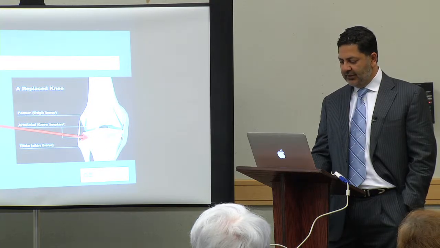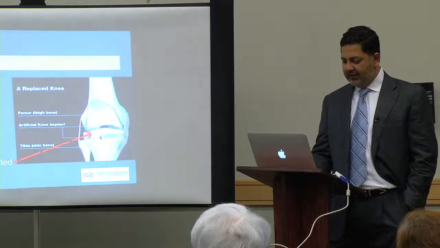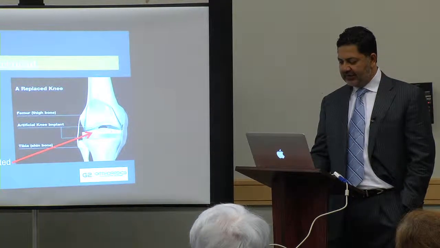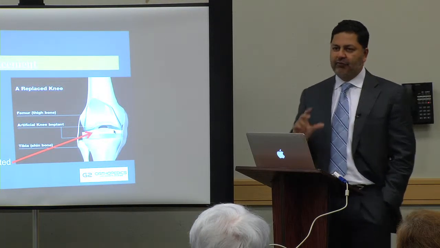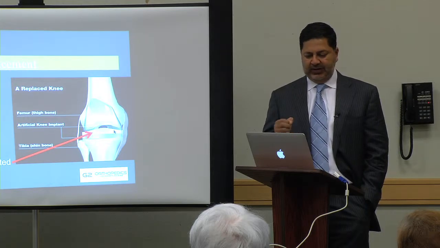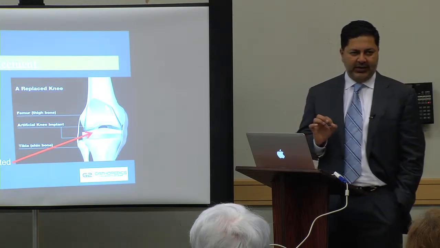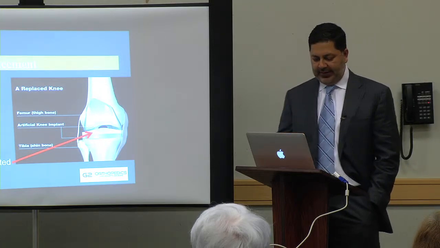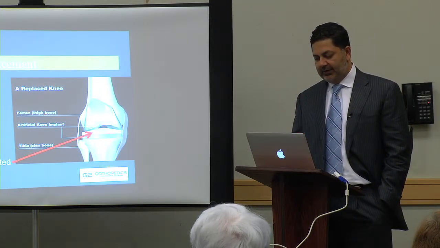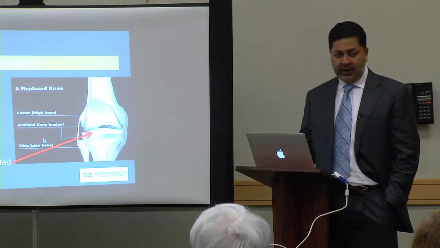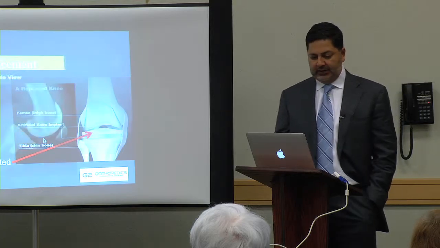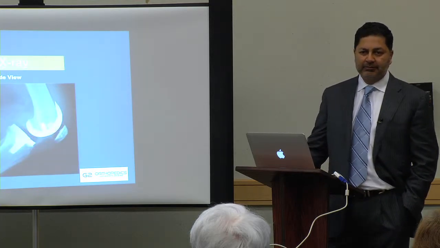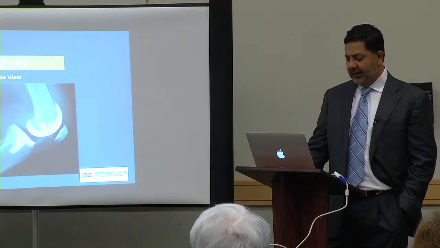We put this piece in here, and then in between you have this plastic liner that replicates the meniscus. It's a very high strength plastic, but it glides very smoothly, and it's very frictionless between the metal and the plastic. But it's metal and plastic, essentially. The metal is a titanium alloy.